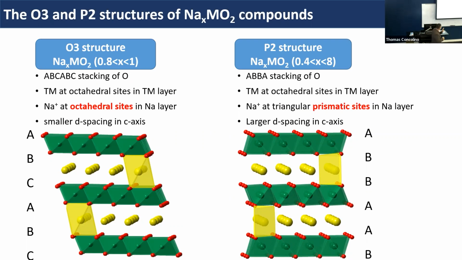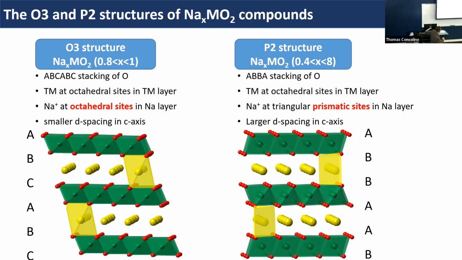For layered oxide cathodes for sodium batteries, most often seen are two structures, O3 and P2. If you look at the literature, there are 1,000 papers per year, and I guess 90% of the cathode people are focused on these two structures. They are different, but the difference is very little.